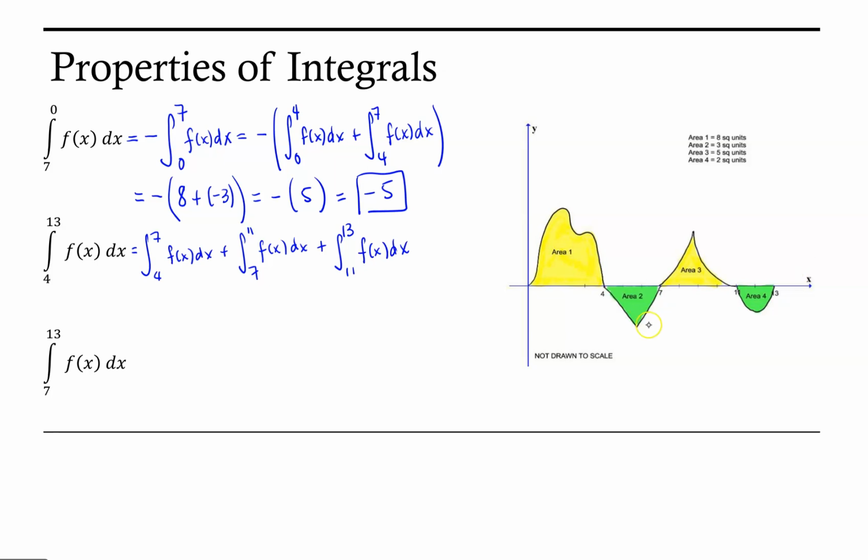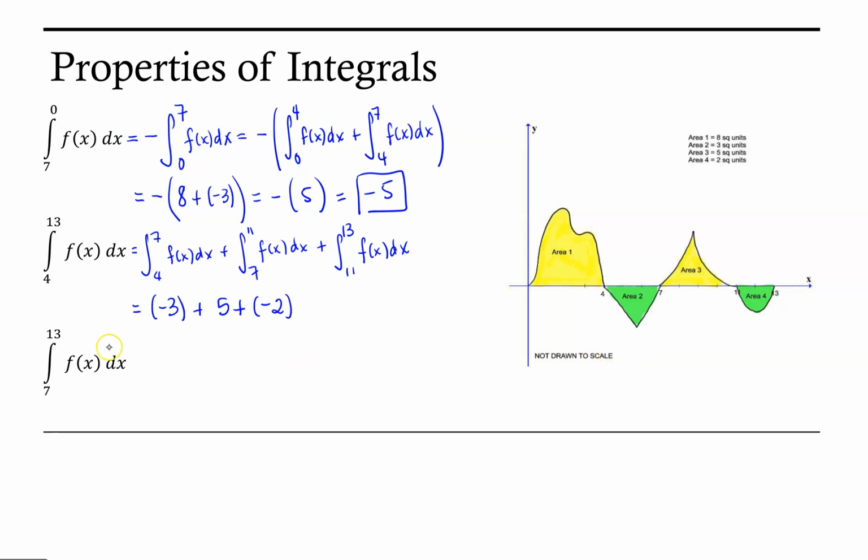Now, we've looked at this integral from 4 to 7 multiple times. We know that that is negative 3. The integral from 7 to 11, that's going to be this area 3, which is 5. And then the integral from 11 to 13, that's this area 4. And notice it does lie below the x-axis, so that's going to be a negative 2.